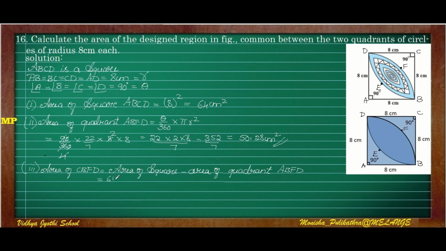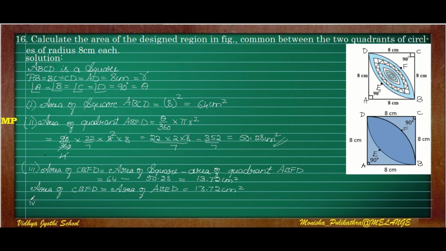So area of square is 64 minus area of quadrant is 50.28, which is equal to 13.72 centimeter square. So which is the area of this CBFD. This CBFD is also equal to ABED because both are the same shape and size. So area of CBFD is also equal to area of ABED. Therefore, both are equal to 13.72 centimeter square.